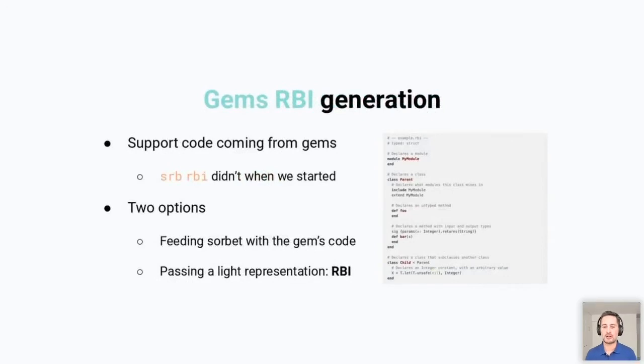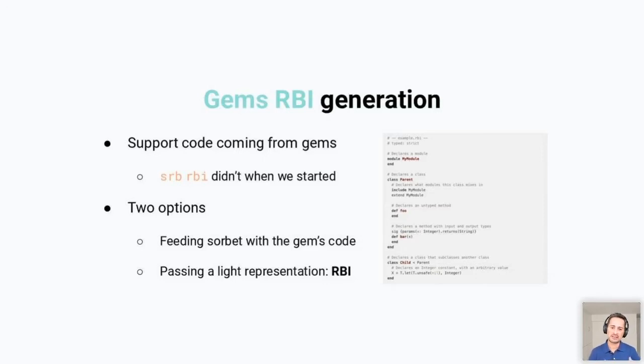Another problem that we had to solve while we were doing the adoption was around gem RBI generation. So in a nutshell, the problem that we faced, because we were early adopters, Sorbet didn't really have very good tooling when we were doing our adoption. So we had to build some of the tooling ourselves. One of the things that happens is when Sorbet analyzes, type checks your code, it only looks at your code base and it doesn't go and look inside your gem dependencies.